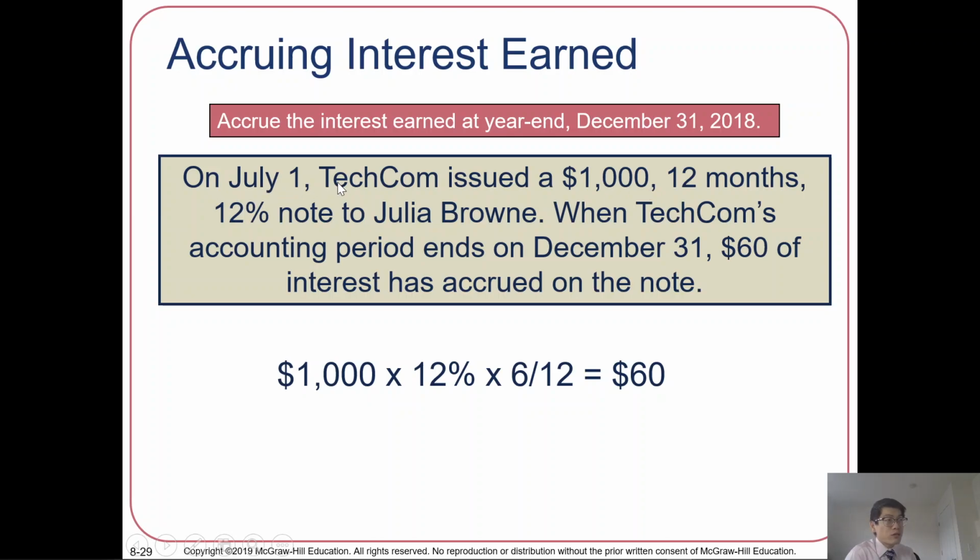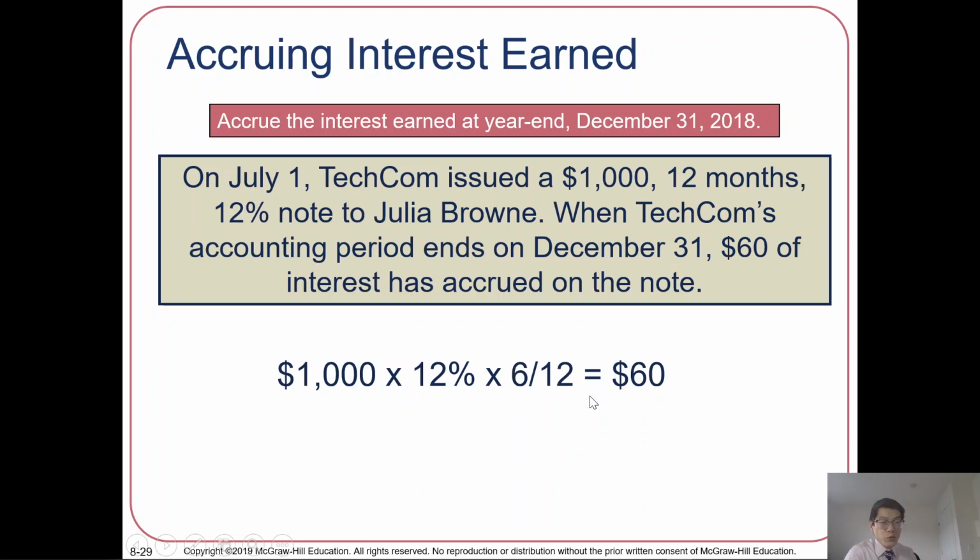So on July 1st, the company issued a $1,000, 12-month, 12% note. When it comes to the end of the fiscal year, $60 of interest has accrued on the note. Let's walk through the calculation first. The note principal is $1,000, the annual interest rate is 12%, and from July 1st, 2018 up to now, December 31st, 2018, it's 6 months out of 1 year, so it's 6 over 12.